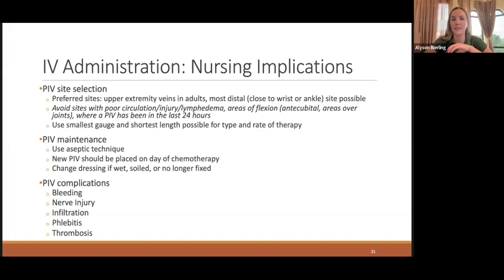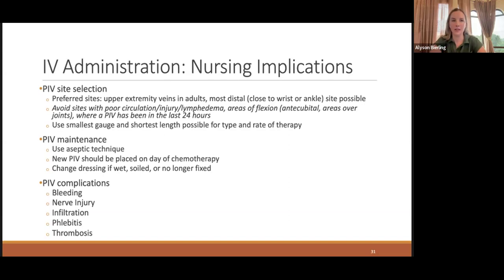And then ideally we want to use the most distal site possible, so close to the wrist, or to the ankle in pediatrics. We want to make sure we're avoiding sites with poor circulation or injury or lymphedema. And then we also want to avoid areas of flexion, so for example, the antecubital vein, areas over joints such as the wrist. And the reason for that is we want to prevent dislodgement of the IV catheter.